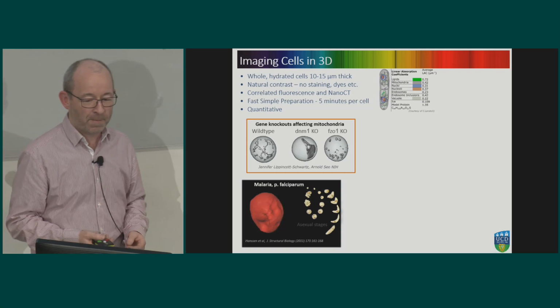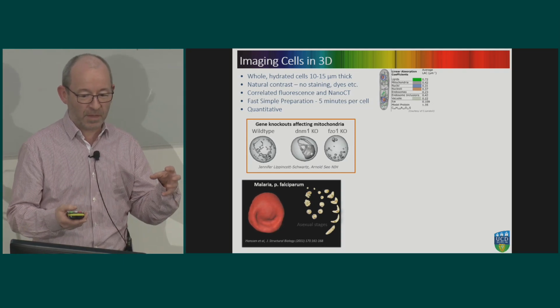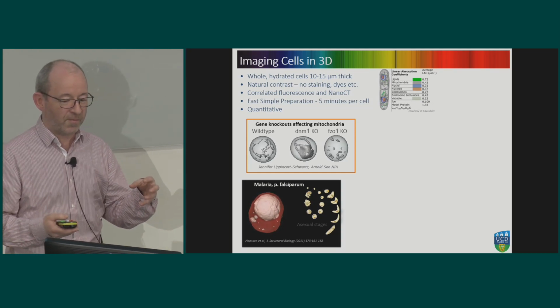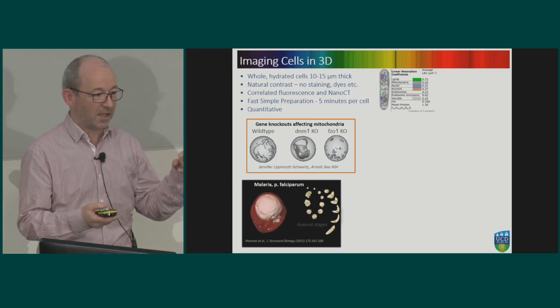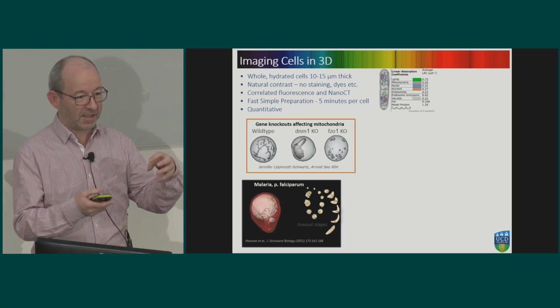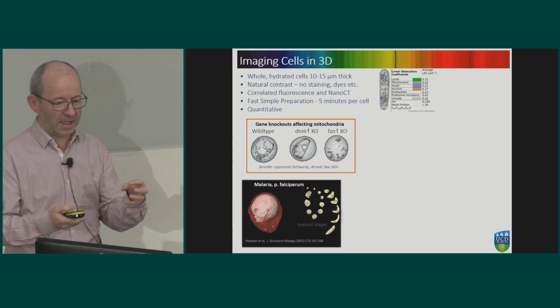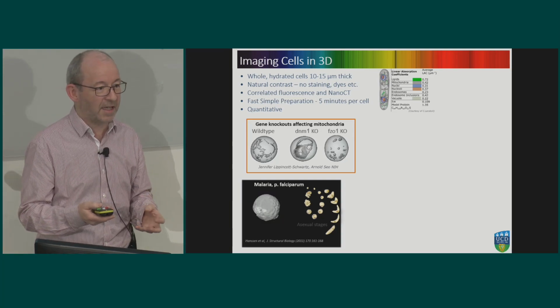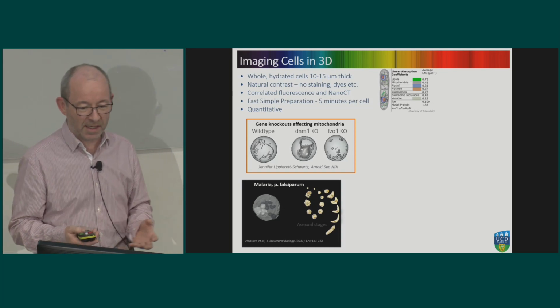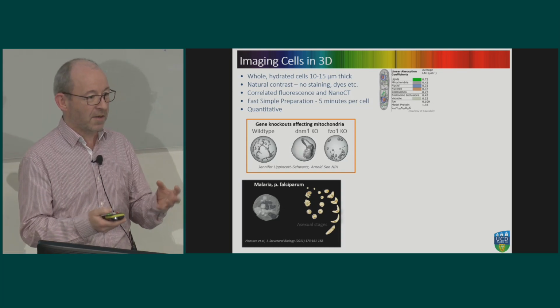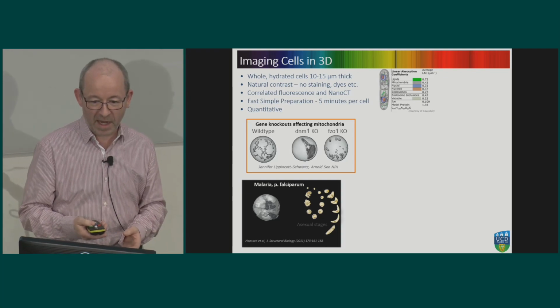Another thing that's maybe a little bit more obvious, they looked at the life cycle of the malarial parasite, and they were able to look at that inside blood cells and look at, for example, the way the parasite sequesters the iron from the hemoglobin it digests into nanoparticles inside the cell. And that just gives you an idea of the power of the technique, that you can follow nanoparticles in unstained natural cells.